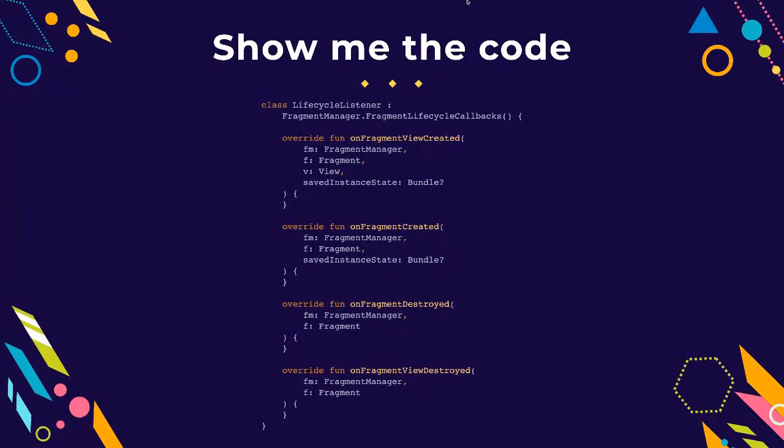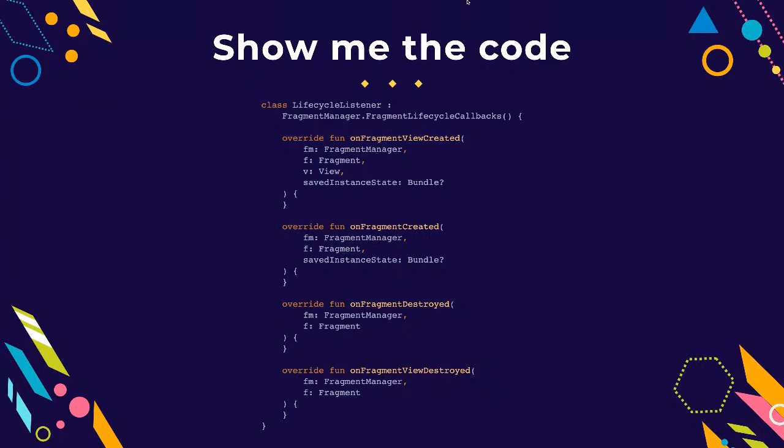So we have this class that extends from the fragment lifecycle callback that has a list of methods. And these 4 are those that you will end up being forced to actually implement. What are they?